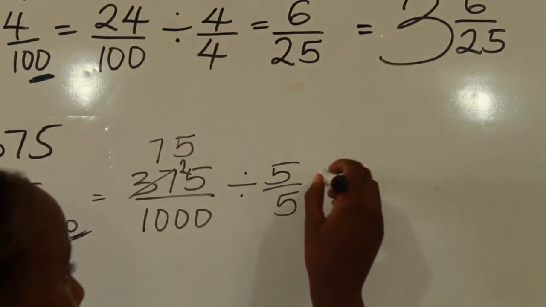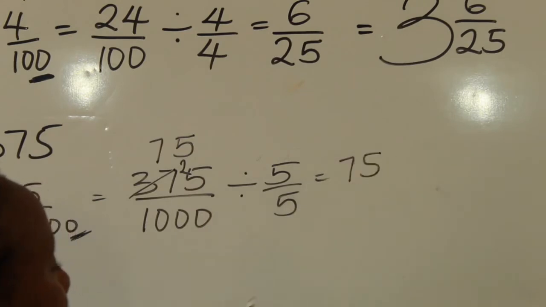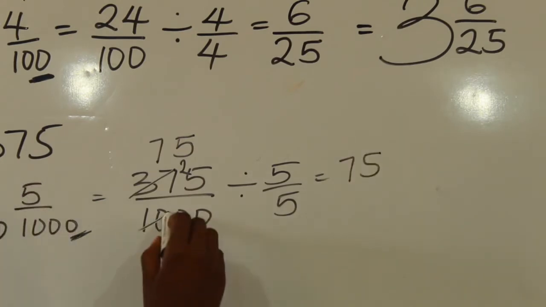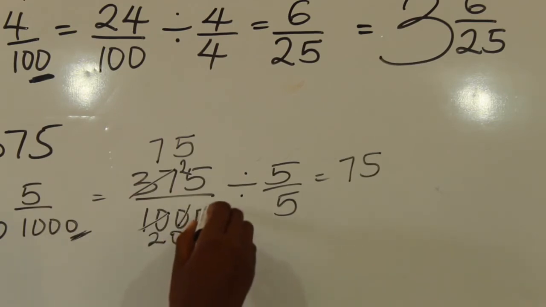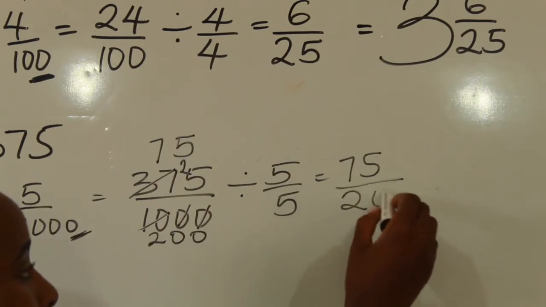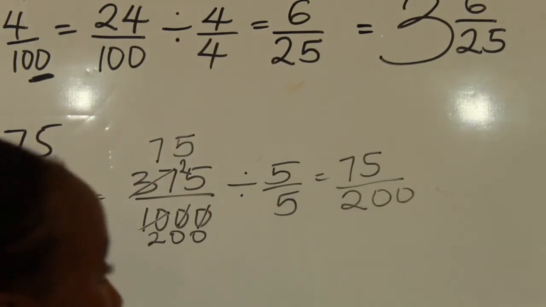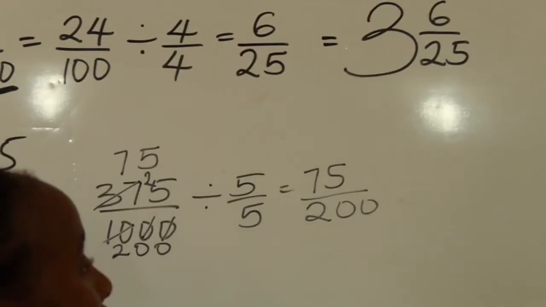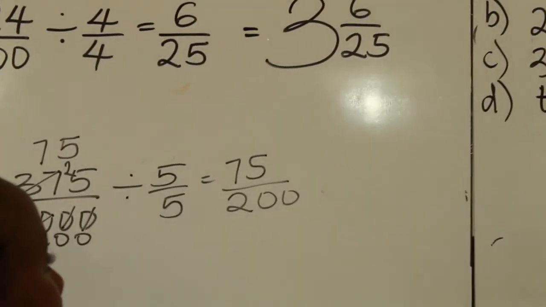So we have 75. And 10 divided by 5 is 2. 0 divided by 5 is 0. The second 0 divided by 5 is 0. So we have 75/200.